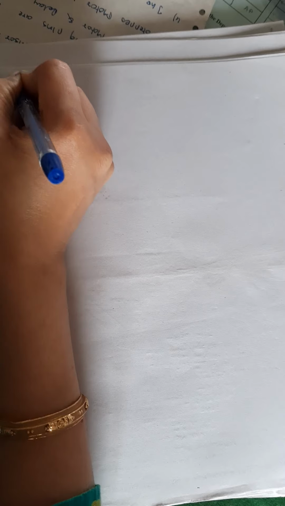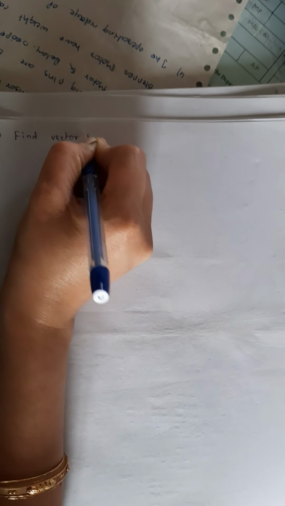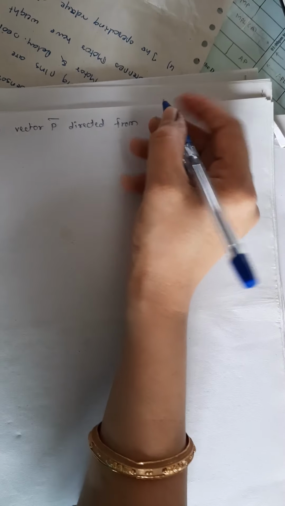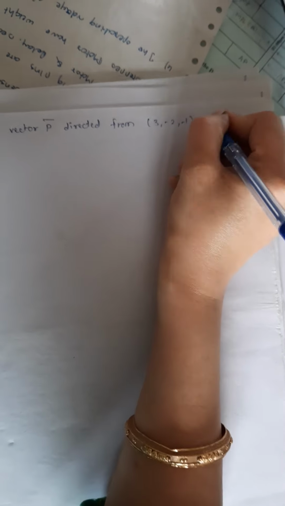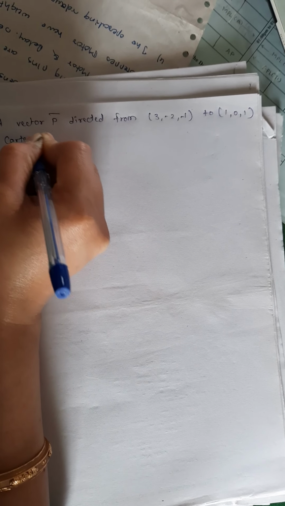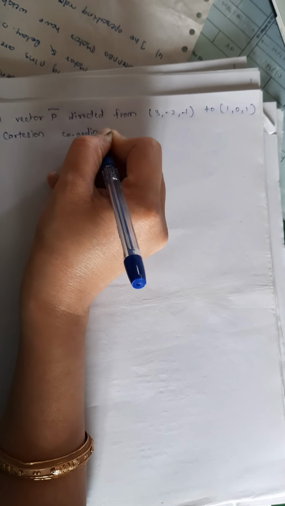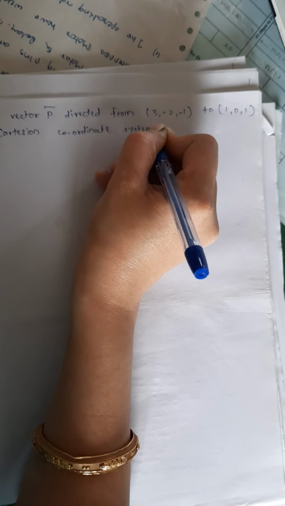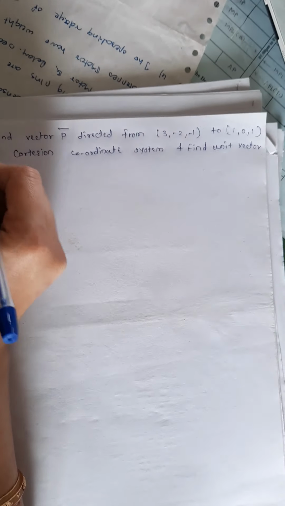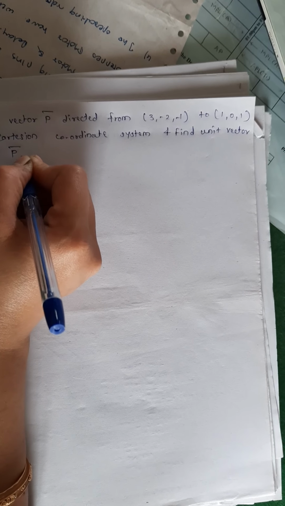So the problem is: find vector p bar directed from the first point to the second point, 1 0 1, in Cartesian coordinate system, and find the unit vector along p bar.